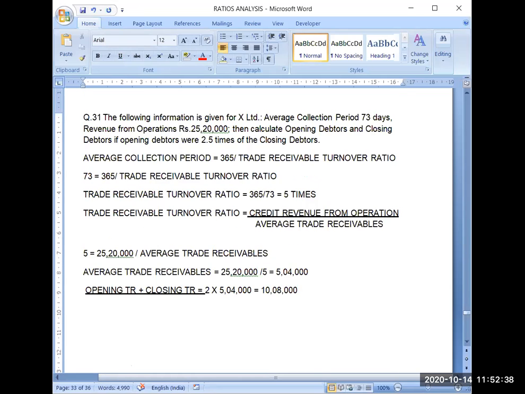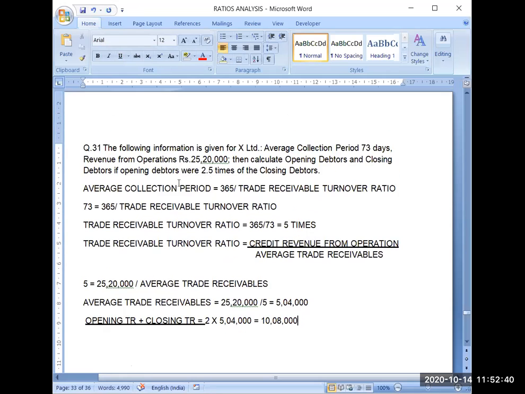This I have derived. Now another equation is given in the question. Calculate opening debtors and closing debtors if opening debtors were 2.5 times of closing debtors. So I will write it in the equation form. Opening debtors, or I should write trade receivables, is equal to 2.5 times.